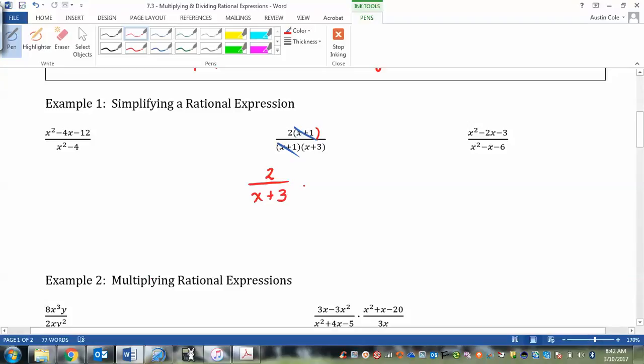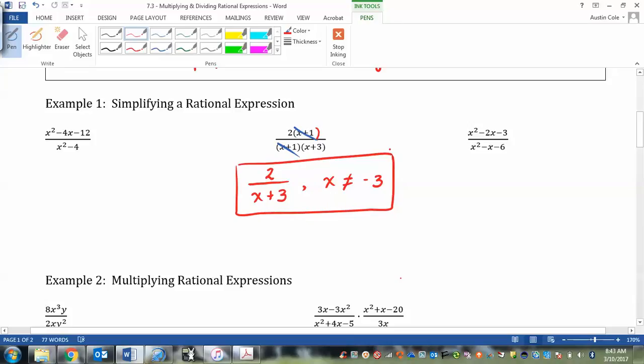Okay, so we need to put this little condition on here where it says x cannot equal -3. Because if x was -3, I would get 0 in the denominator, and I know I cannot divide by 0. It's undefined. So we call this our undefined value. Okay, we just need to tag that onto the end of all of our problems. Can I answer, guys? We're done with it. This whole thing is the answer. Yep, we've simplified that rational expression.